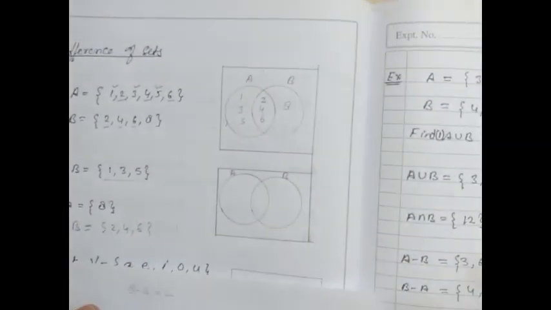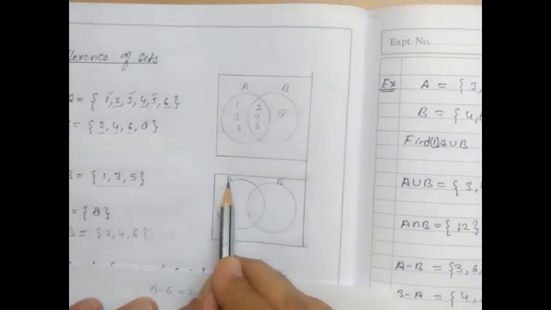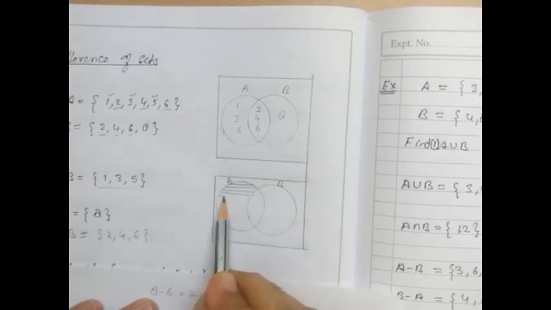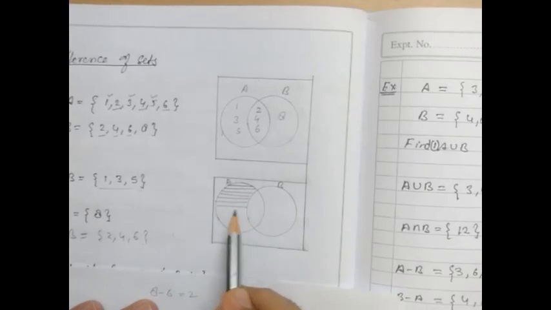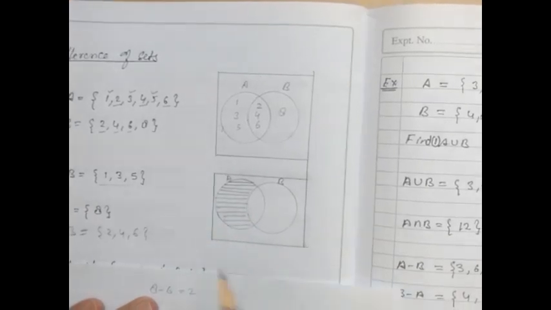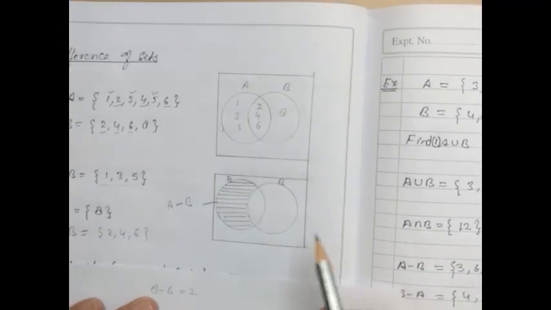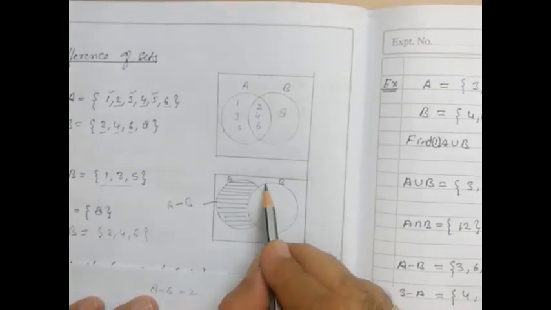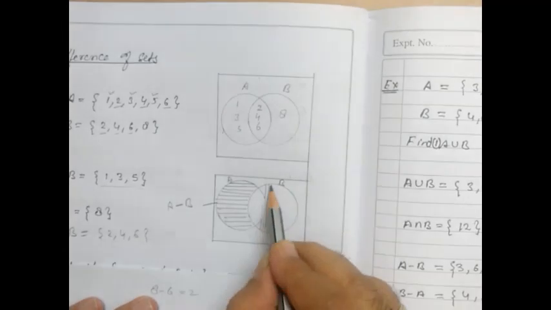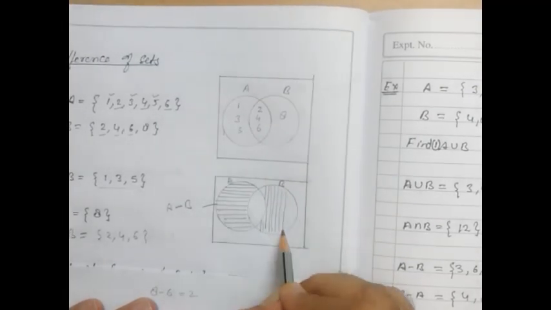Now if we think about shading, if I am doing A minus B, it will be shaded like this. This will be your A minus B. And the shading of this part will be B minus A. Clear?